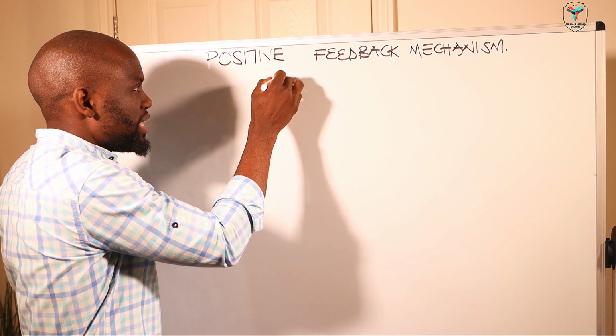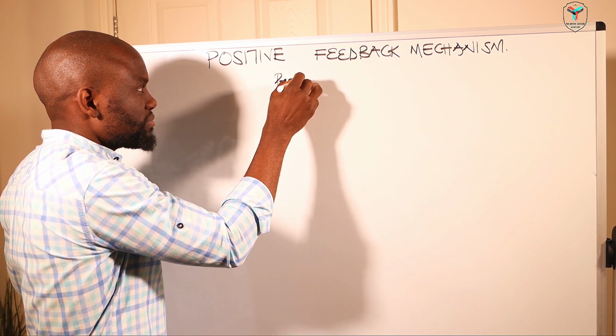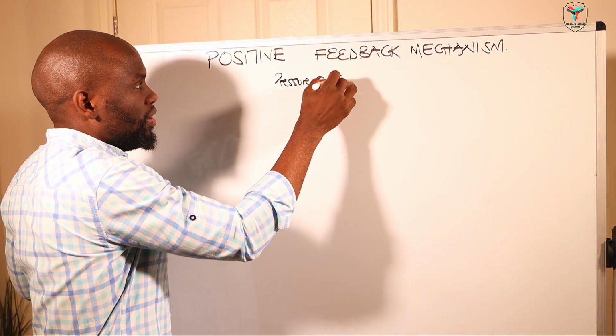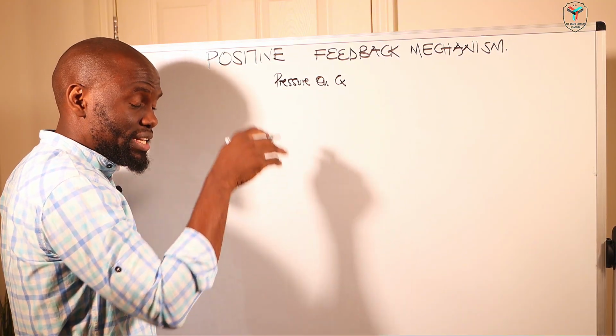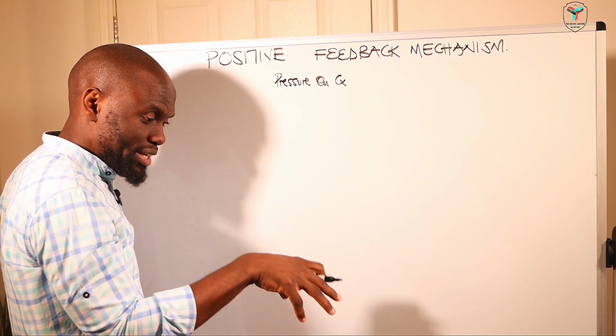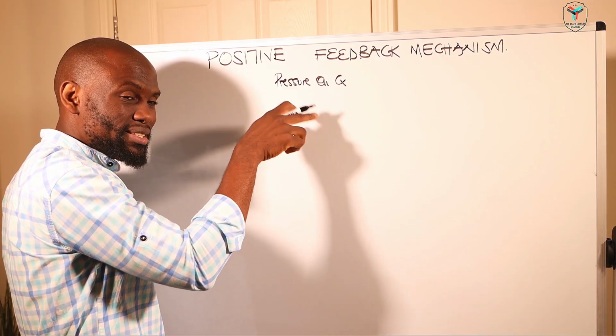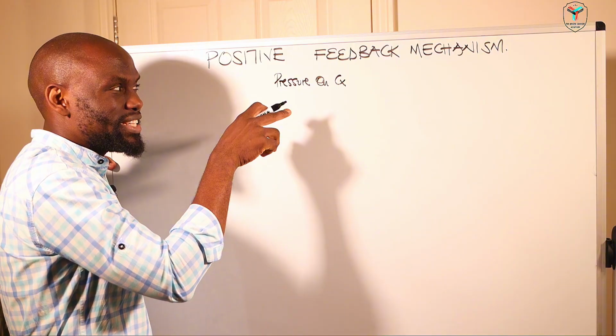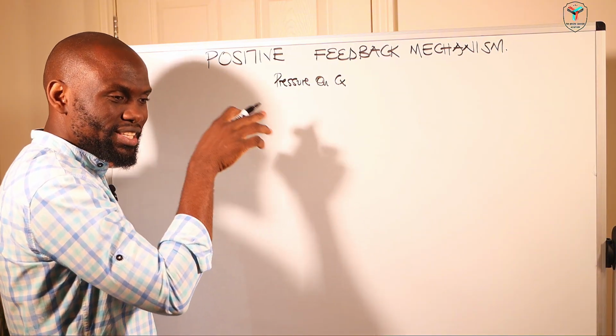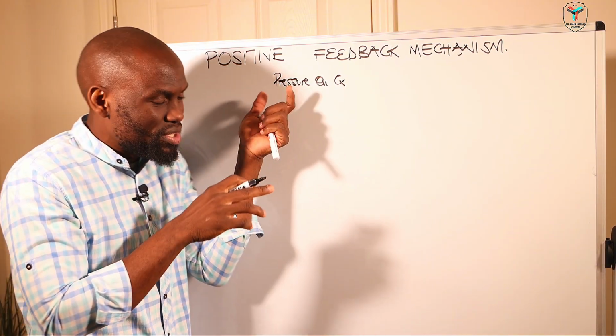So we are going to say that there is pressure on the cervix, the fetal head has applied pressure on the cervix, and this pressure is the stimulus, because this is what is going to cause the change.